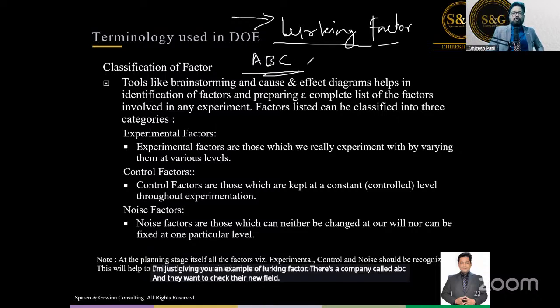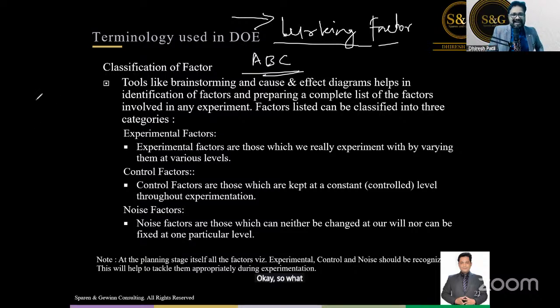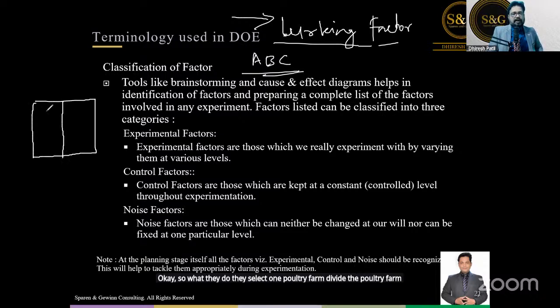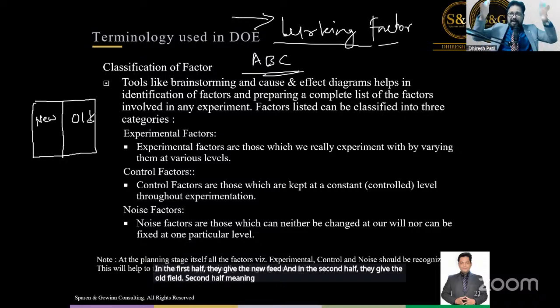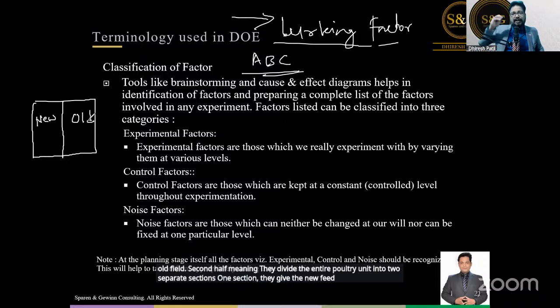They select one poultry farm and divide it into two separate sections. In one section they give the new feed, and in the second section they give the old feed.